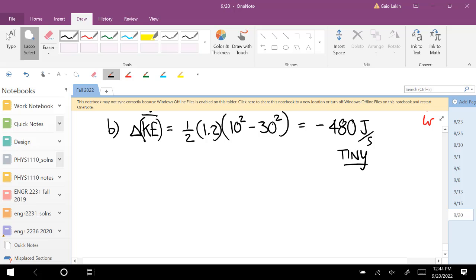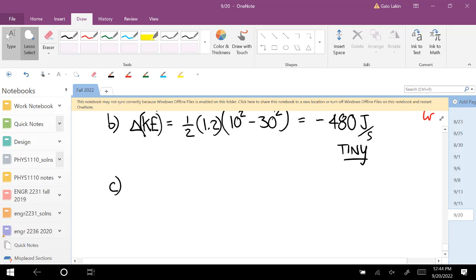Okay, so now the last one. Now we're going to throw everything, like all these other terms, back into the equation. So let me start with the equation.